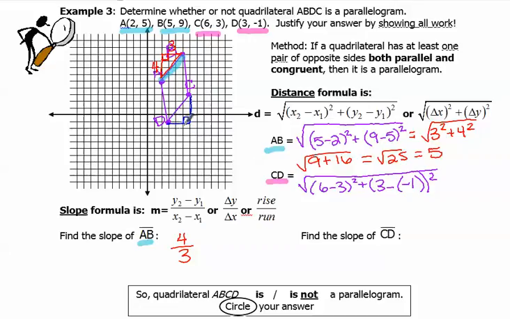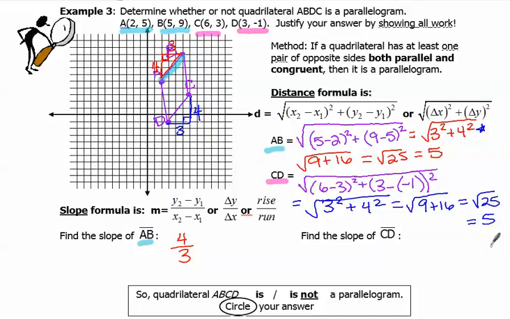And if I count the spaces, this is 3 and this is 4. If I were to simplify CD here, this would be 3 squared, this would be 4 squared, which once again looks exactly like this. I'm going to go ahead and simplify that, which is the square root of 25 or 5.